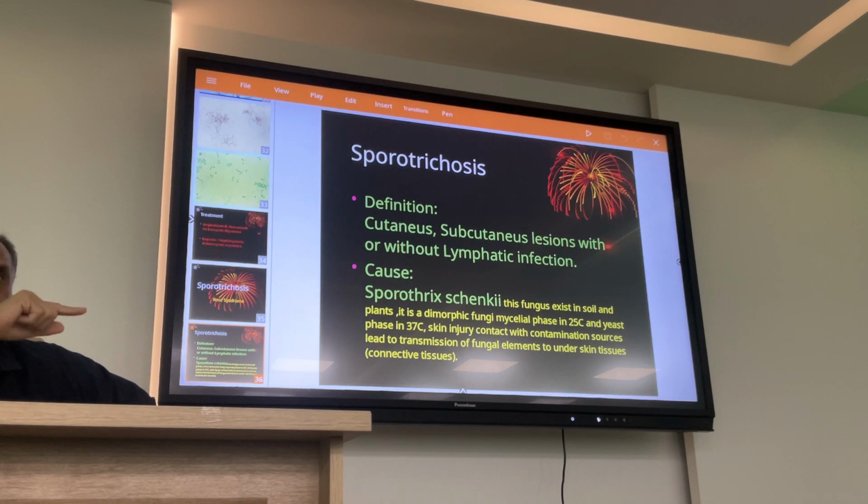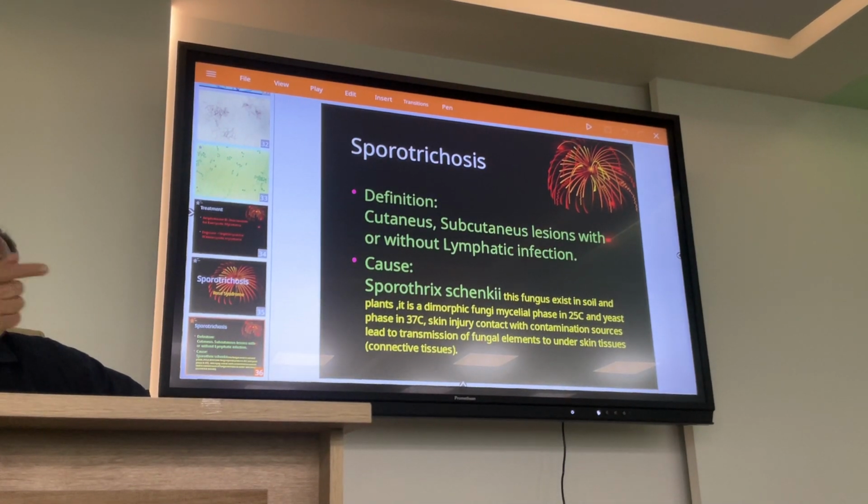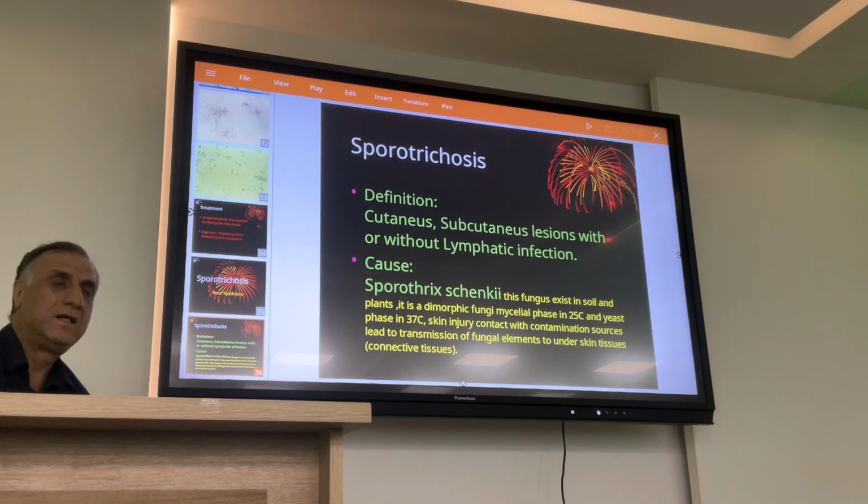This condition, lymphadenopathy, may transfer the infectious microorganism to other parts of the body, from skin to internal organs. Sporotrichosis is a dangerous infection because it may start as a local infection, then spread to other parts, for example the brain and the skeletal system.